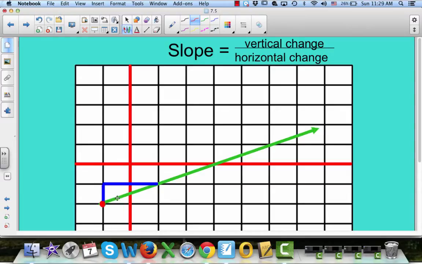It's very difficult to start in the middle somewhere, so you find one that is at a cross section of the lines, and you go until you find another one that is a cross section of the lines, and you see how much it goes up. Well, it goes up 1, so we put 1, and on the bottom we put how much it goes across. It goes across 1, 2. So our slope of this line is 1 over 2, or 1/2.